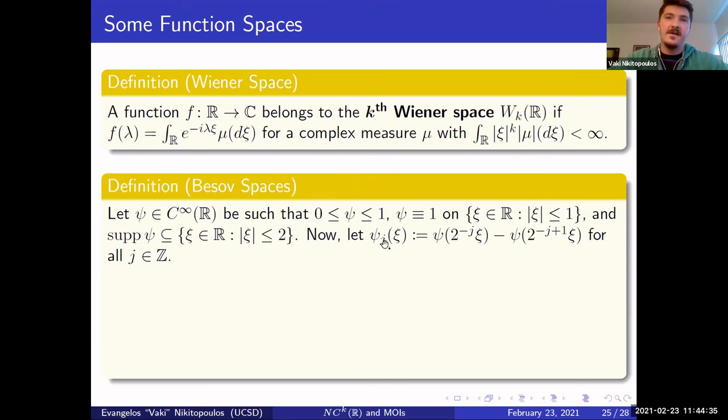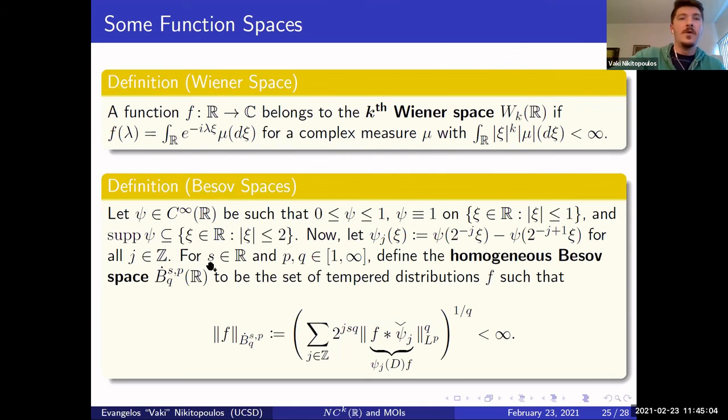Then I'm going to define this shifted bump function C_j, and here's the formula, but the idea is that this is a bump function that's supported in frequencies of approximately absolute value equal to 2 to the minus j for every integer. And the idea is that if you sum up these shifted bump functions over the integers, you will get the identically 1 function, but 0 at the origin. So that's the idea.